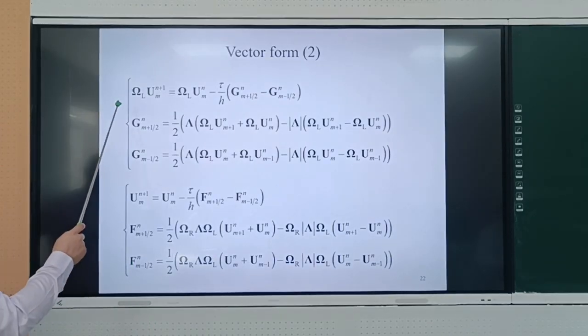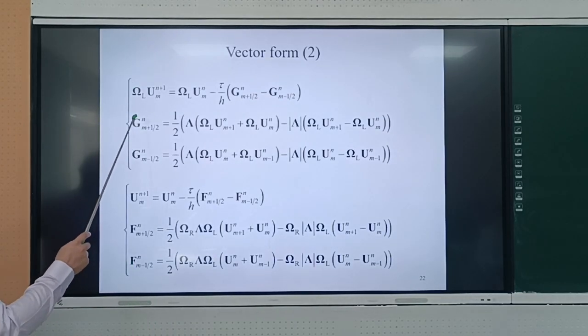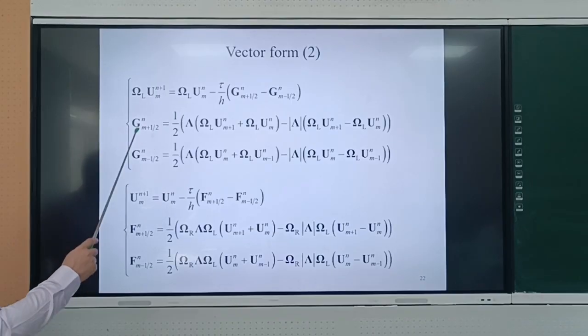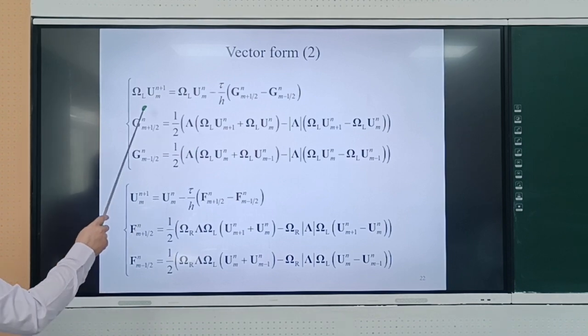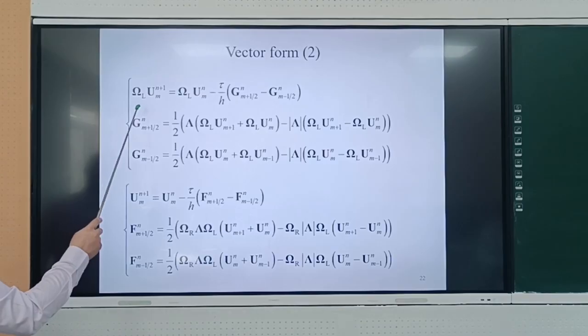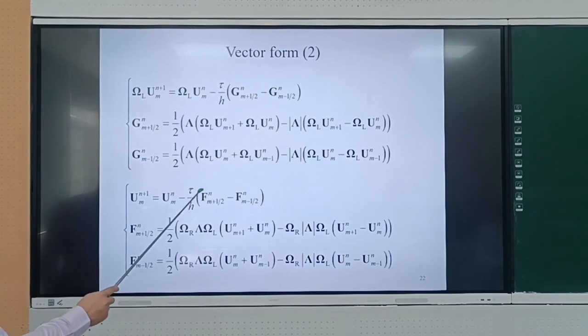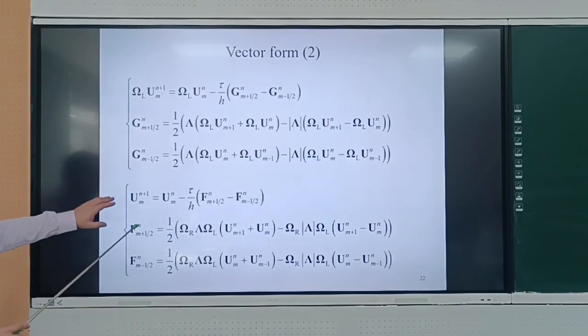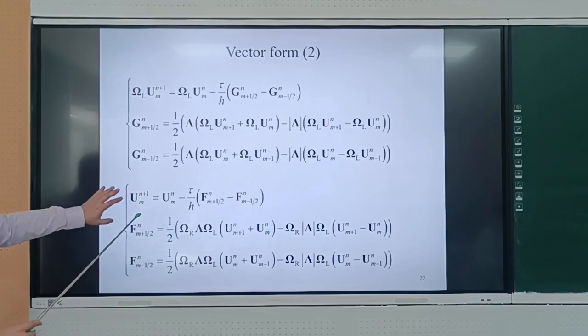That is why we write that Riemann invariant R is omega L U. So we substitute all the Riemann invariants using this definition, and after that we multiply from left by omega L inverse. And then we get this numerical scheme written for our initial variables U. That's okay.